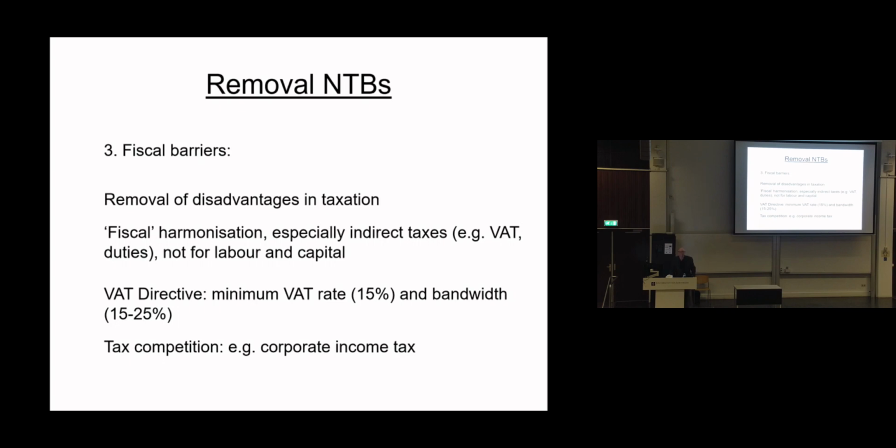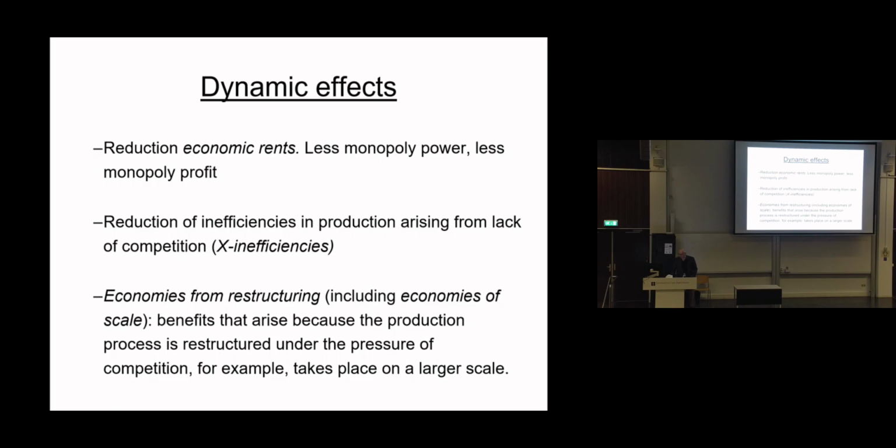And then there was the fiscal barrier, which was about the disadvantages in taxation. That also included things like state support and differences in taxes, and that had to be harmonized, and we had to do away with that because it reduces competition.